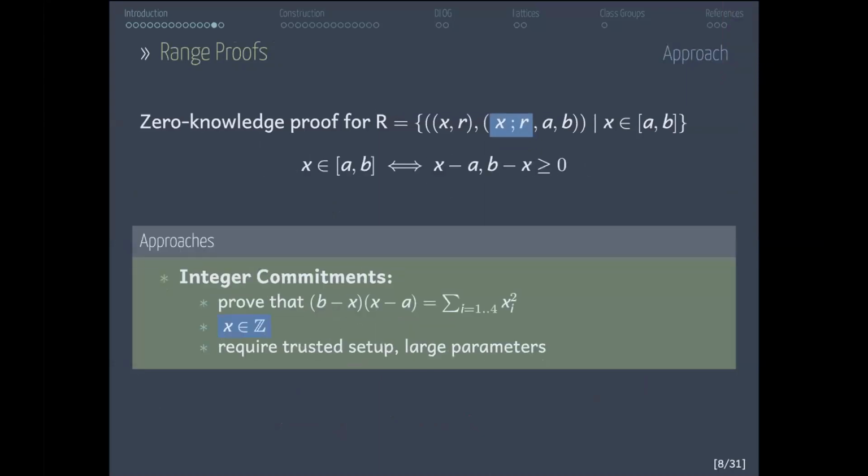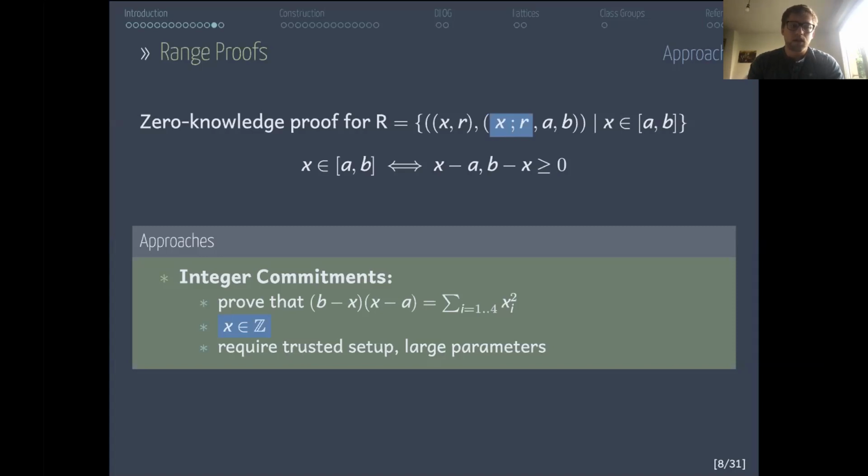So for this approach, this approach is a bit different than the binary decomposition approach. So we want to show that X is in a given range AB, first of all by applying the definition of intervals. So we want to show that X minus A and B minus X are bigger or equal to 0.